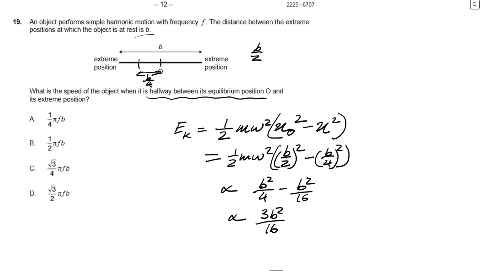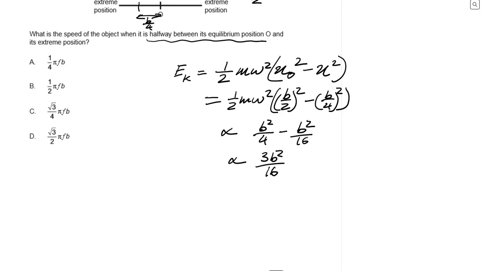They asked for the speed, and we calculated kinetic energy. In fact, all we needed to do was use our formula in the data booklet, which is simply this, and it comes from this anyway. So all we had to do is square root this and multiply by 2 pi over T, or 2 pi f. Hopefully you guys know this formula.